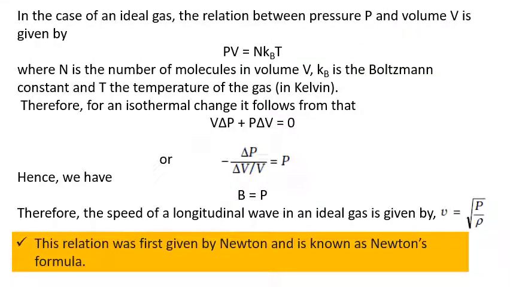In the case of an ideal gas, the relation is PV equals N kB T. For an isothermal change, by differentiating it, you will get V delta P plus P delta V equals 0, which means the bulk modulus B is equal to P. Therefore, the speed of a longitudinal wave in an ideal gas is given by root of P by rho. This relation was given by Newton and is known as Newton's formula.